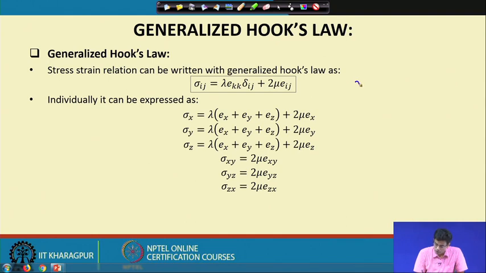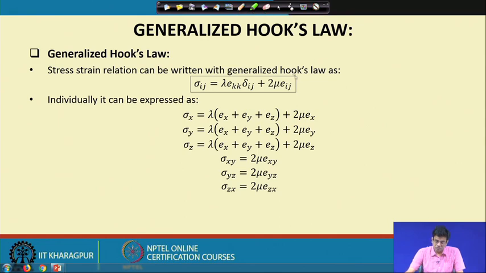If I write it in tensor form, the coordinate independent relation, it is essentially lambda trace of epsilon I plus 2 mu epsilon. This is a second order tensor, this is a second order tensor, and this is a second order tensor. Now, if I write this relation in Voigt notation, with sigma x, sigma y, sigma z, it looks like this. So this is Hooke's law for a material.